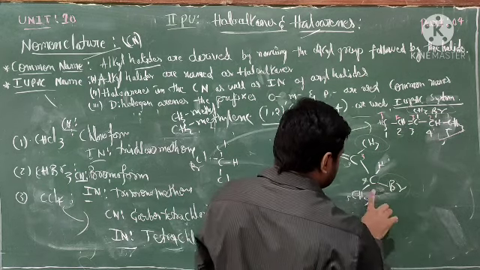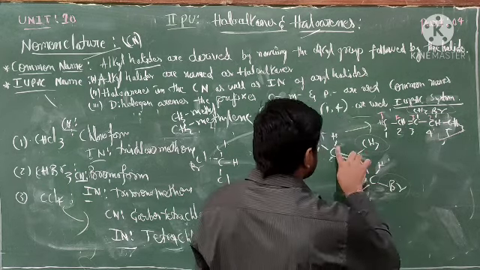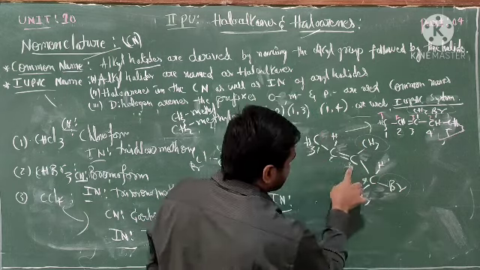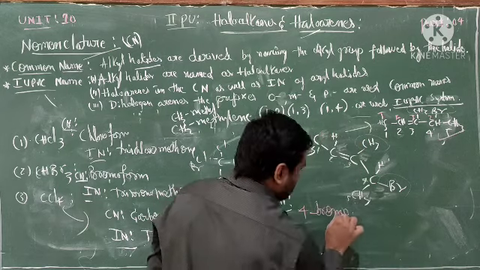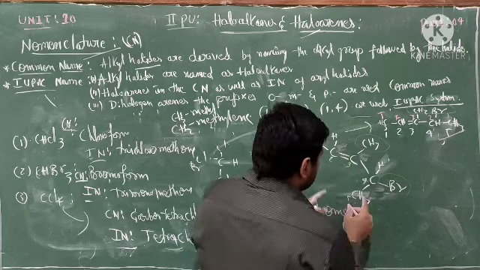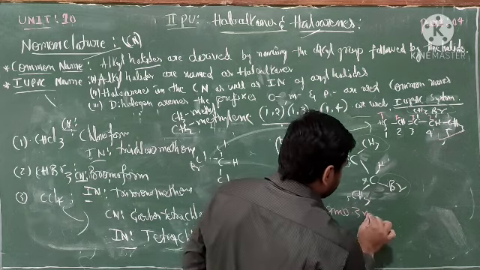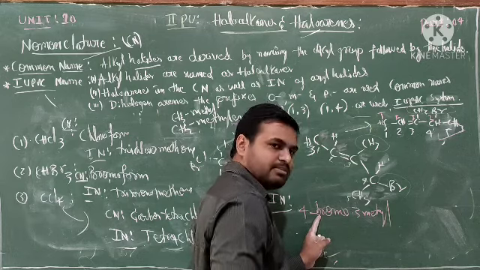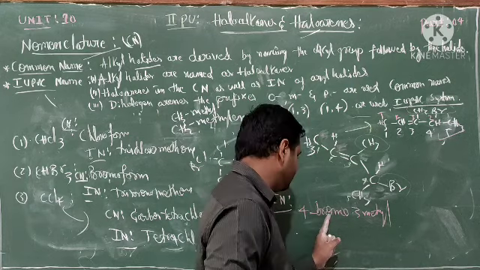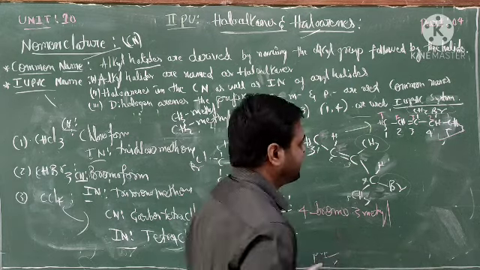You should not consider it the other way. 4-bromo. Then methyl, 3-methyl, and alphabetically B comes before M. So 4-bromo-3-methyl.